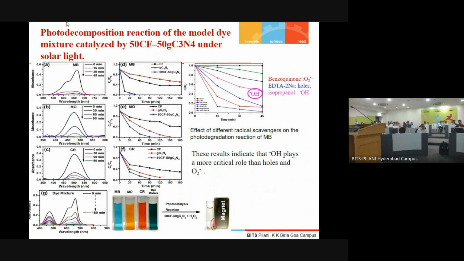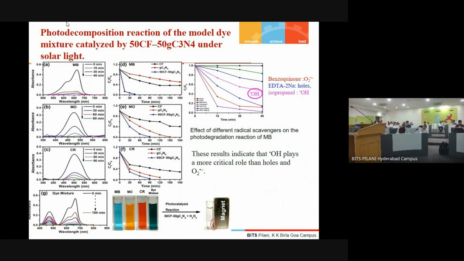Then we have done the photocatalytic activity under simulated solar light radiation, in a very simple, traditional way to monitor its kinetics. When the lambda max value is almost 0, we can consider that the reaction is complete.